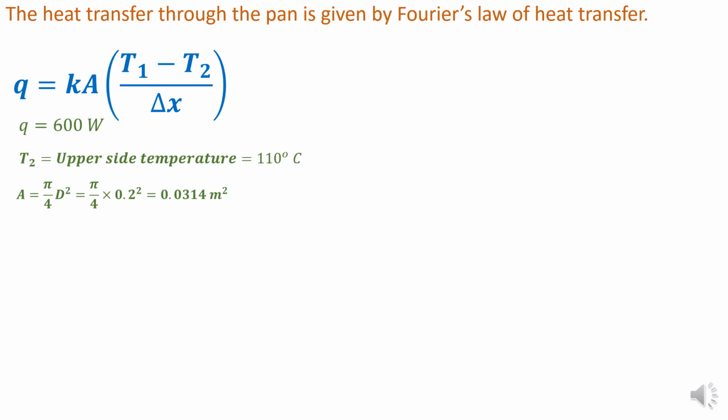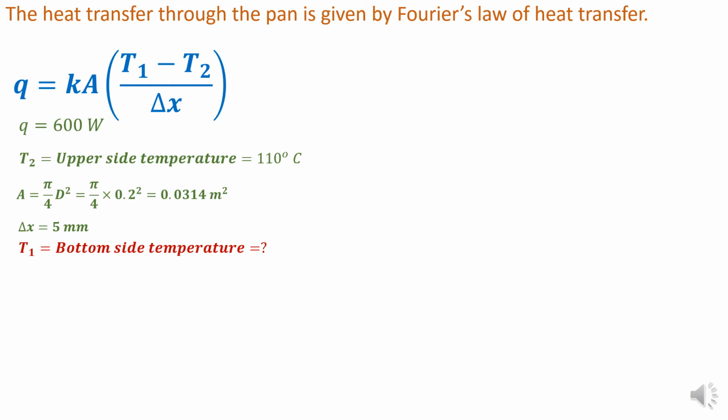So the area perpendicular to the heat transfer is simply the circular area, π/4 d², and it comes out to be 0.0314 meter square. The thickness of the pan is 5 millimeter. We have to find the bottom side temperature.